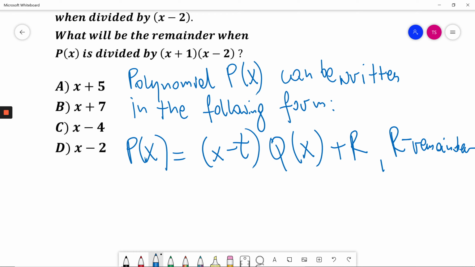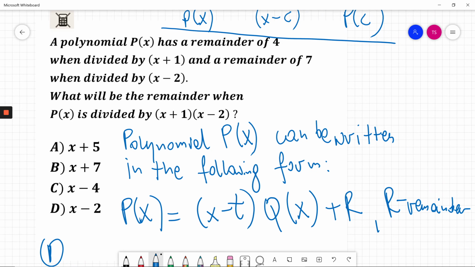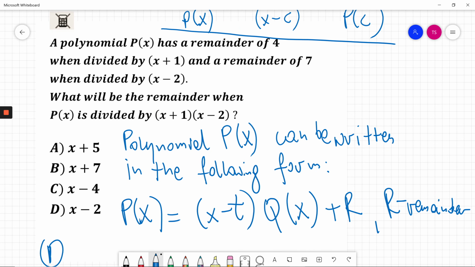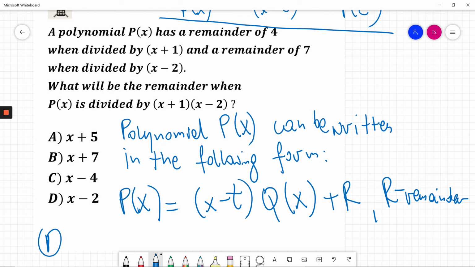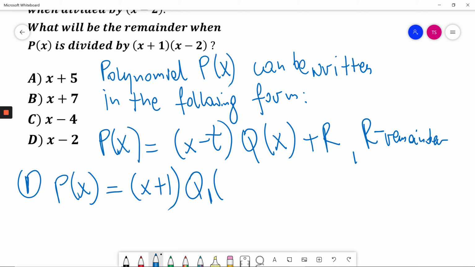So, my first thing was a polynomial p of x has a remainder of 4 when divided by x plus 1. So I can write p of x will be equal x plus 1 times, I will call it q1 of x, plus remainder 4.